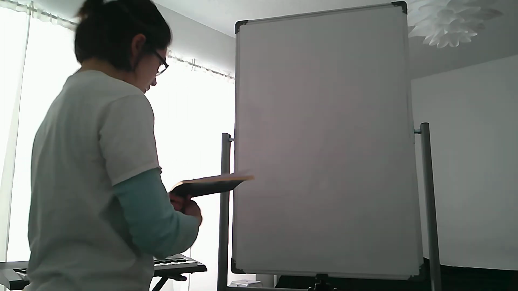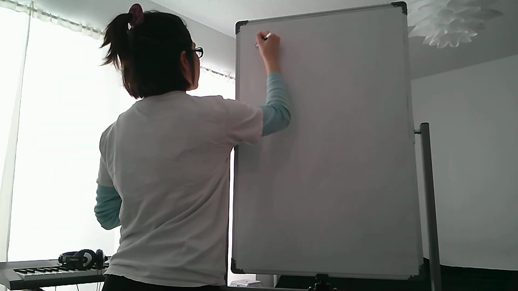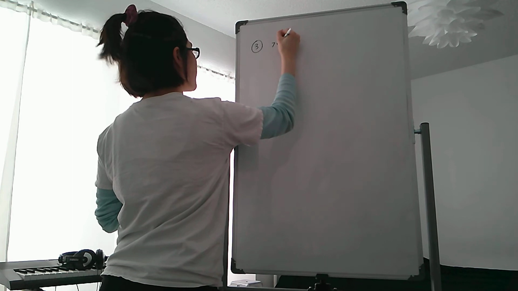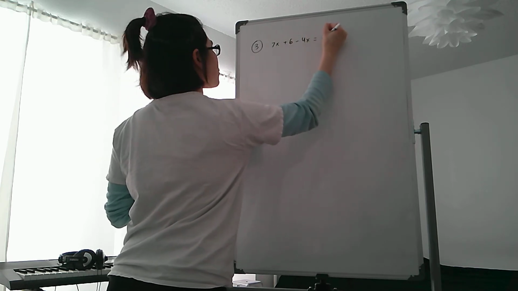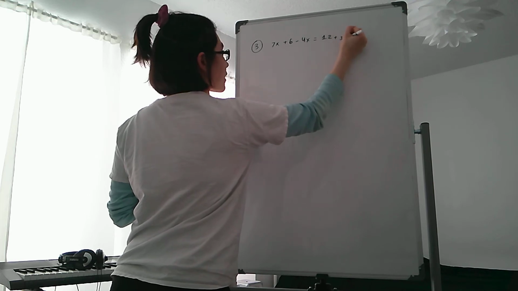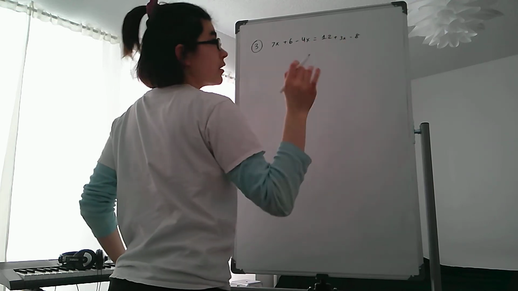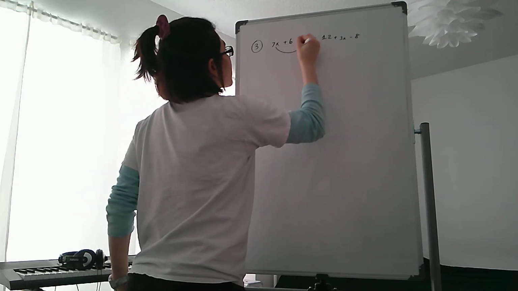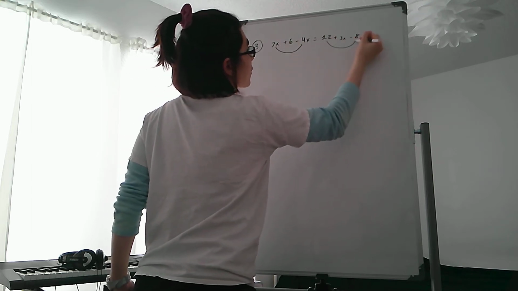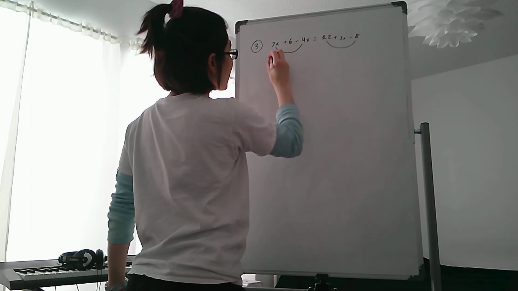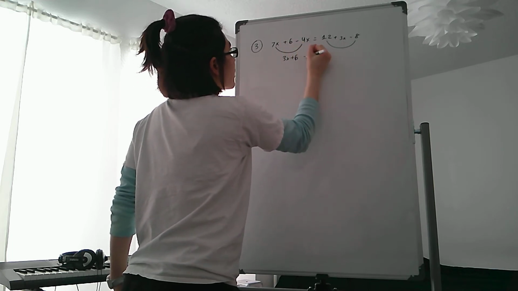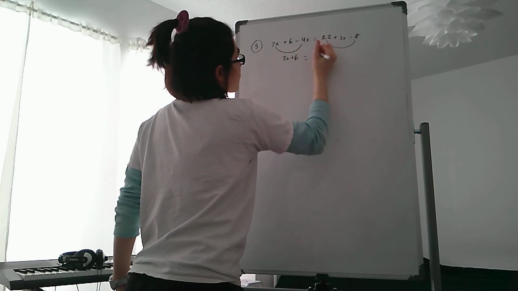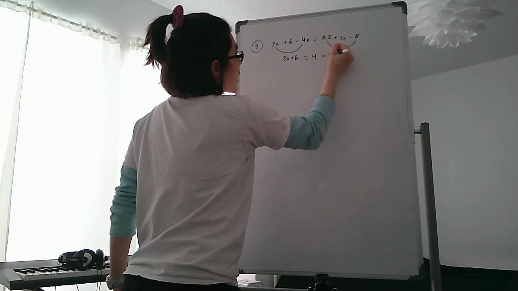So, example 3, 7x plus 6 minus 4x equals 12 plus 3x minus 8. Okay, again, look for the like terms on both sides. 7x and negative 4x, 12 and negative 8. Okay. 7x minus 4x is 3x plus 6. 12 minus 8 is 4 plus 3x.